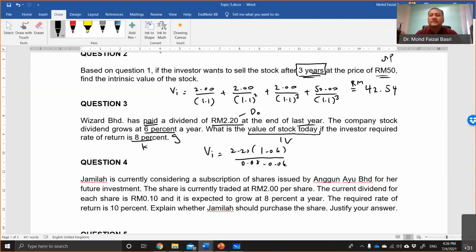So this is how we solve it. It's quite straightforward, actually. 2.2 times 1.06 divided by 2%. So here, the value of the stock today would be 116 ringgit 60 cents.